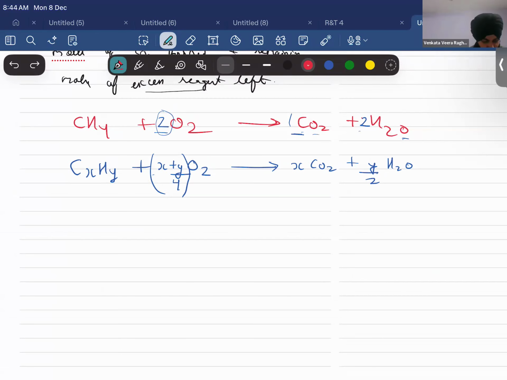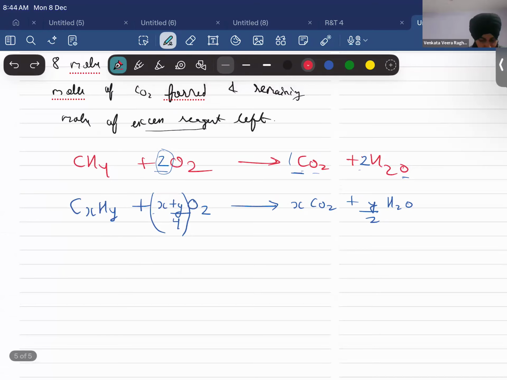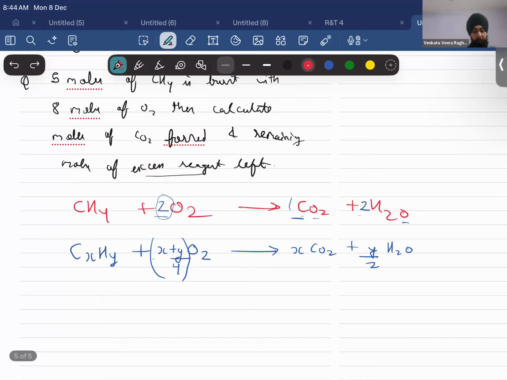No, the answer is also not 5. Sir, the remaining excess reagent is 1. The remaining excess reagent is what? CH4, that is 1. And how much is forming for CO2? CO2, 5 moles forming, sir. No, sorry, 4 moles. Yeah.